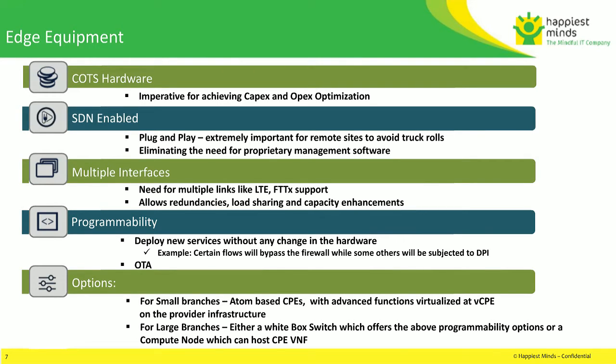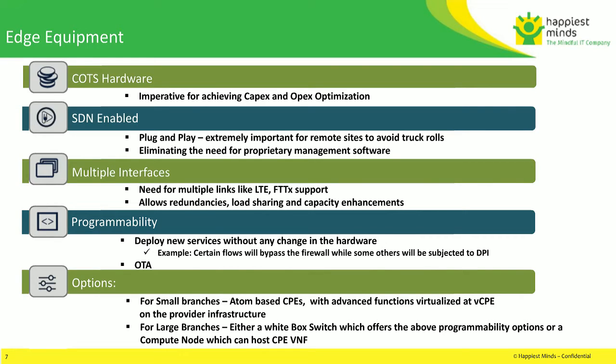This saves a lot in terms of truck rolls and the expenditure involved, as well as the time to bring it up. The second benefit that you get by having it SDN enabled is that you do not need any proprietary management software. SDN applications using an SDN controller can manage the device and give maximum programmability and flexibility.